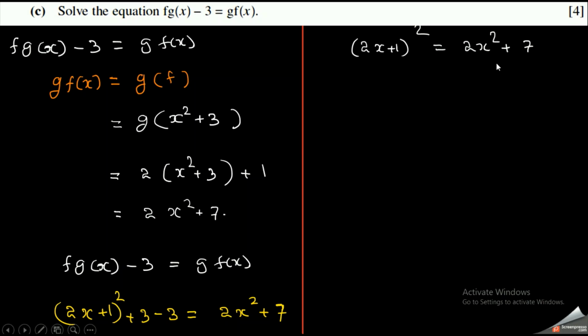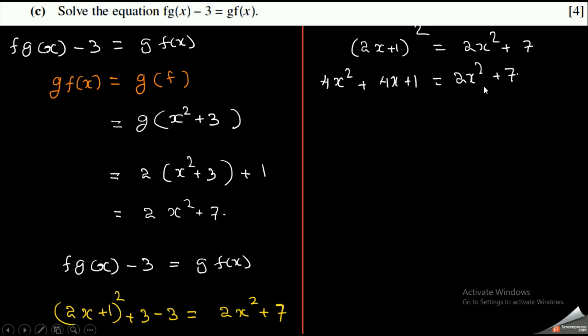Then we will be left with this. So in order to solve this equation, we have to expand this side, take all terms to one side, and then factorize it. We'll expand this first, right? When you expand this, it will become 4x squared plus 4x plus 1. On this side you have 2x squared plus 7.